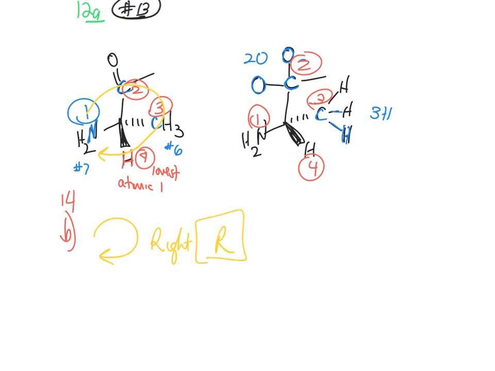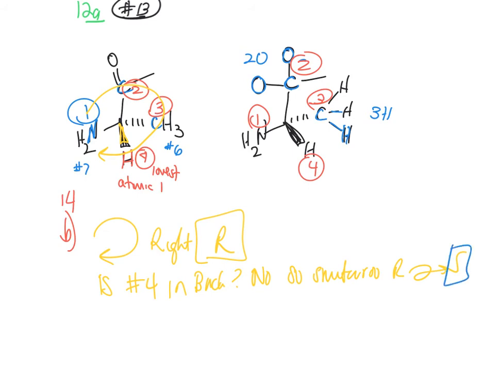Now you check: is number 4 in back? It's not, is it? No. So do a switcheroo. R becomes S, so the answer here is S. This stereocenter is an S configuration.